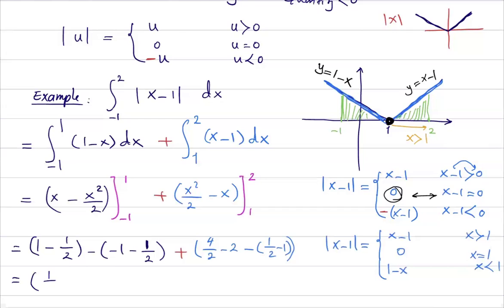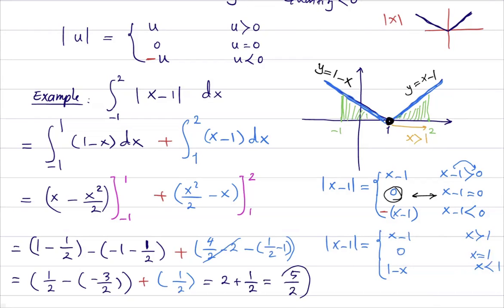So here you have a half and minus -3/2 plus, okay, this is just 2 minus 2, which is 0, and you get -1/2, which is +1/2. So your integral for now is a half plus 3/2, 4/2, which is 2, 2 plus a half, or 5 divided by 2.